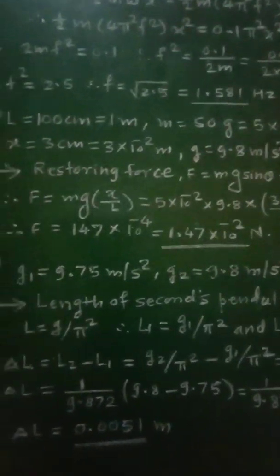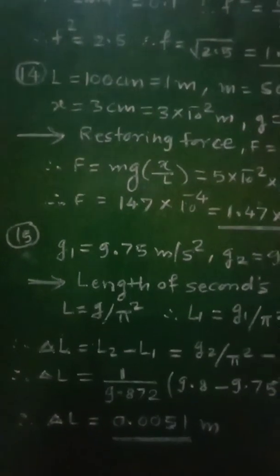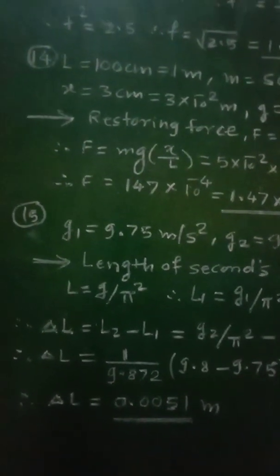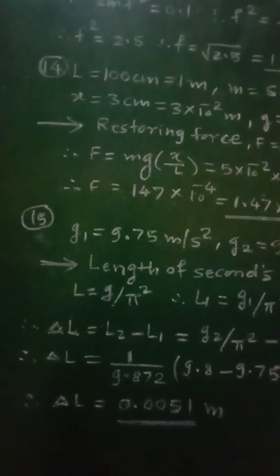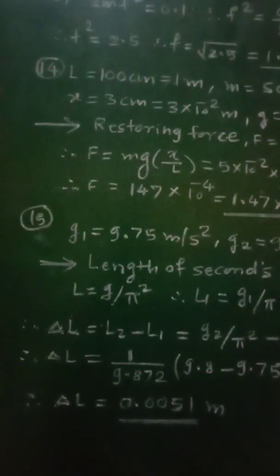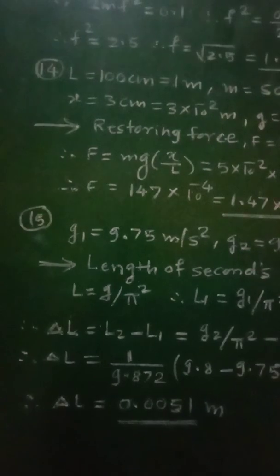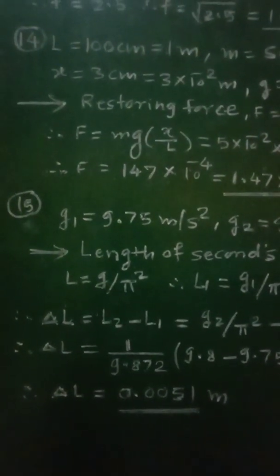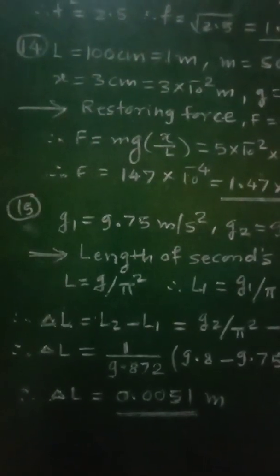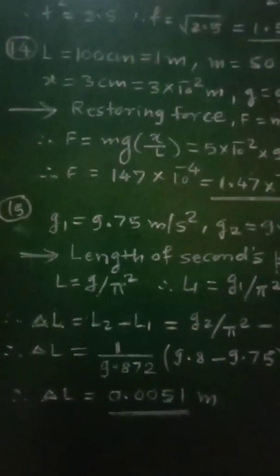And then we will go for question number 15, which is given as find the change in length of seconds pendulum if the acceleration due to gravity at the place changes from 9.75 meter per second square to 9.8 meter per second square.